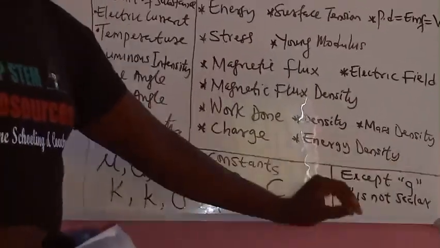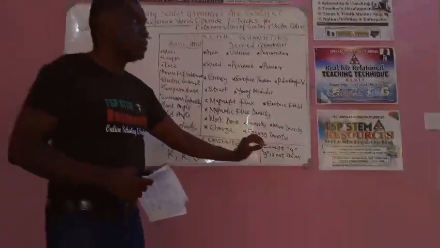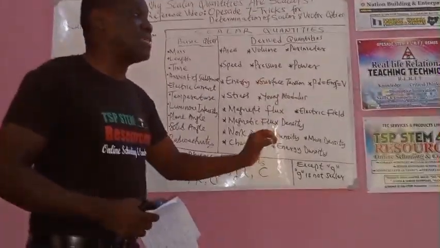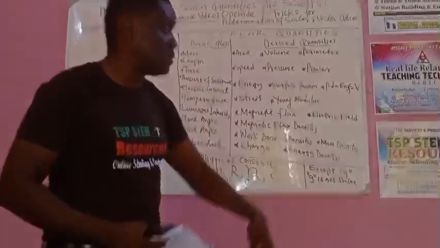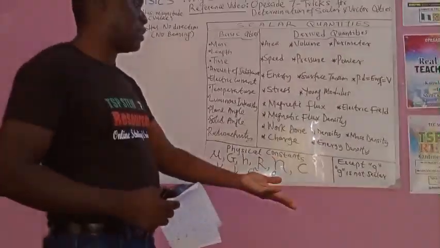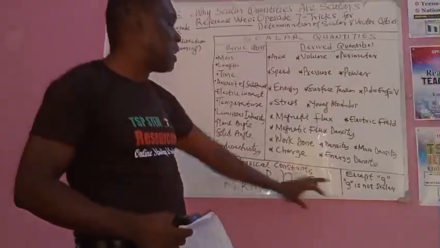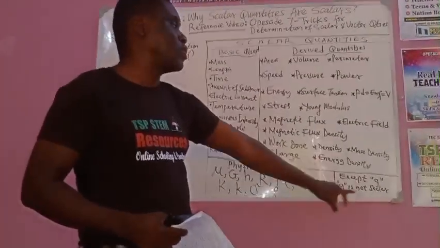Because by definition, acceleration due to gravity has both magnitude and direction. The magnitude is 9.81 meter per second square, and direction is that anything that goes up always comes down. That is the direction, that is the bearing. So for physical constants, all of them are scalar quantities except acceleration due to gravity.